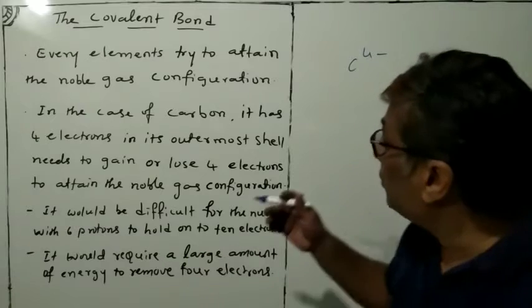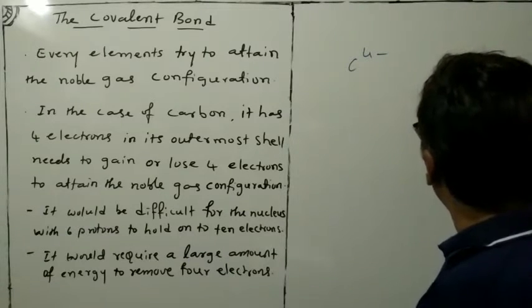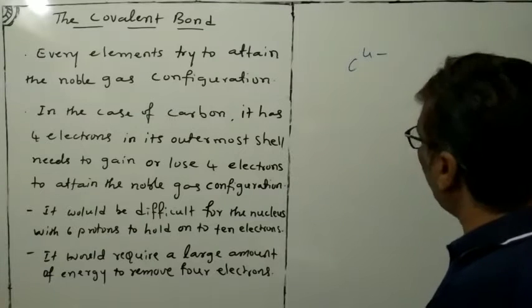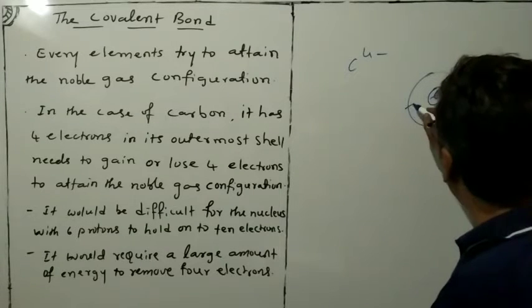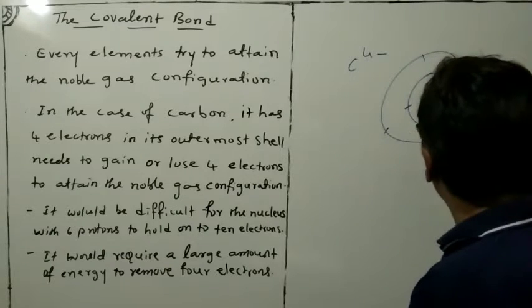Now in the outermost orbit 4 electrons are there: the nucleus has 6 protons, here 2, and here 4.